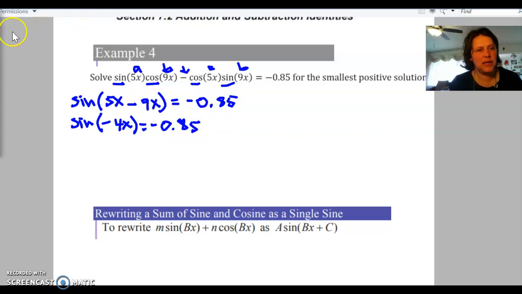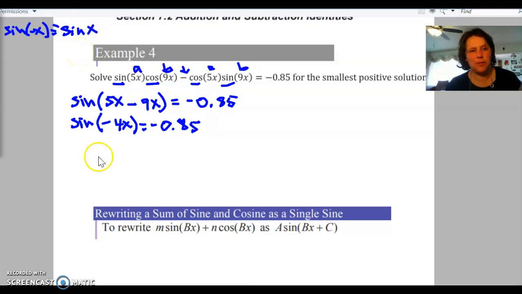I'm going to use this identity, and I'll write it up here at the top. Remember this identity that we worked with? The sine of negative x is equal to negative sine of x. I'm going to use that property because I have a lot of negatives, and if I can get rid of some of them, that would be really nice. So the sine of negative 4x is equal to the negative sine of 4x, which is equal to negative 0.85.